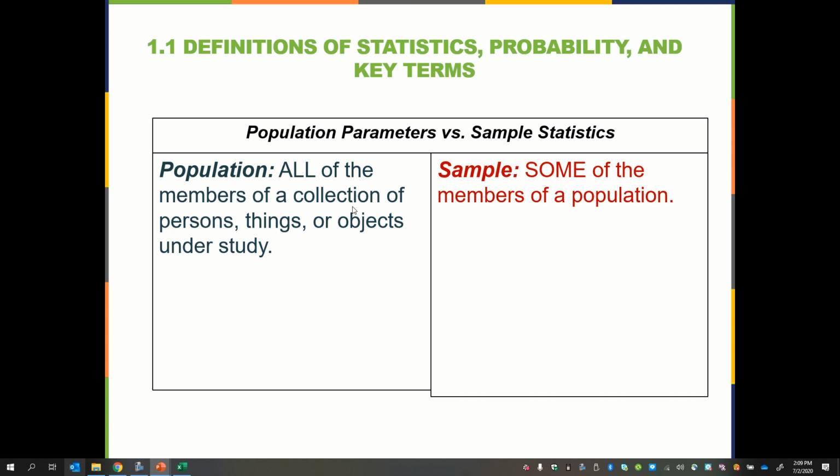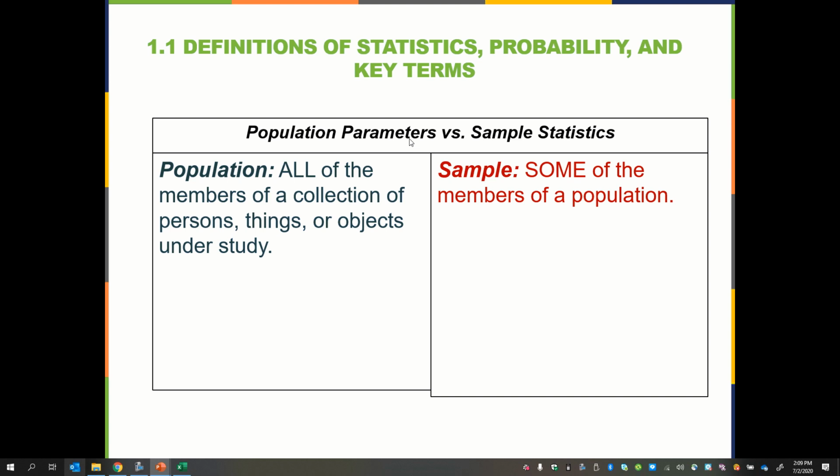As we discussed earlier, it's difficult sometimes to get the answers from every individual in the population, so we draw a subset, a sample, that we strive to make as representative of the entire population as possible, and then we use the sample to infer something about the population.